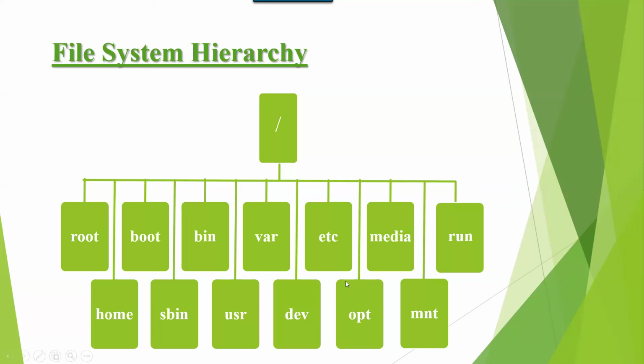Removable devices information is stored under media up to version 6. MNT contains partitions and their mounted directories information. Which partition is linked with which directory? That information is maintained by MNT. Run contains external devices information and kernel information from version 7 onwards.